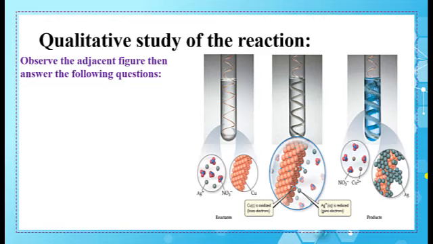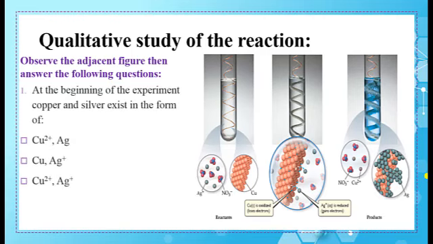This figure represents what happened in the previous experiment, when we dipped a copper wire in a silver nitrate solution. As you can see, a white deposit formed on the copper wire, and the color of the solution turned blue. The first question is, at the beginning of the experiment, copper and silver exist in which form?